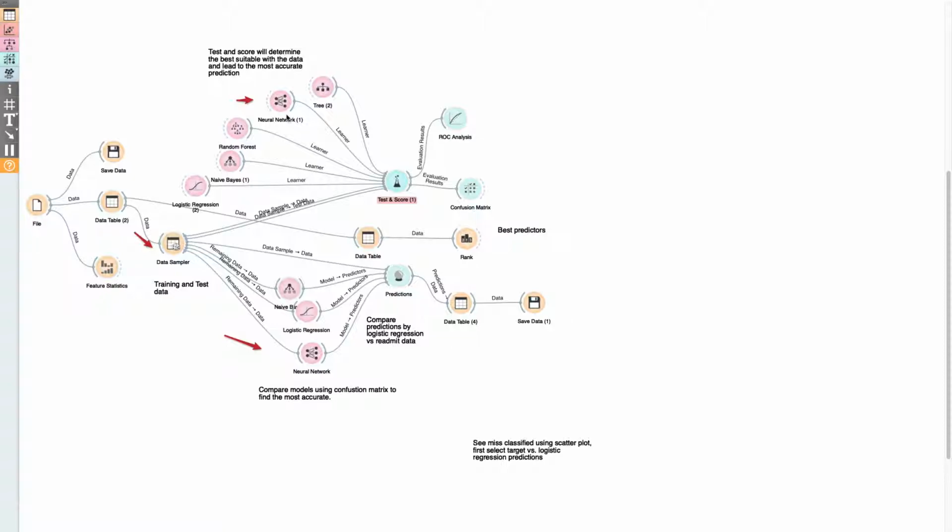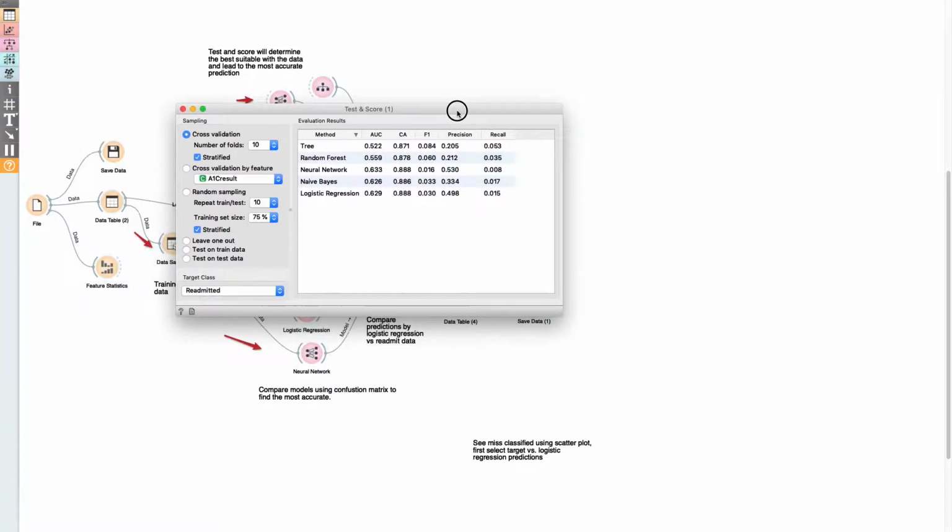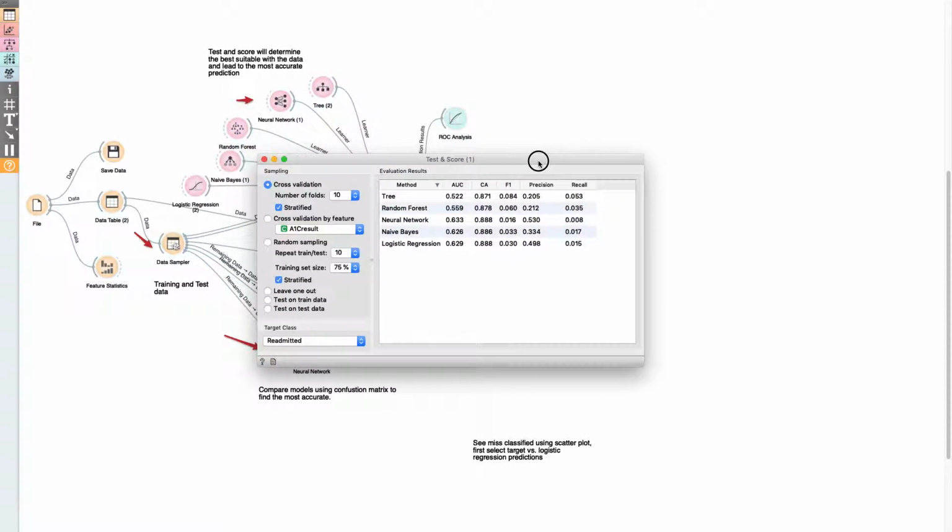So I used these 5: the tree, neural networks, random forest, the Bayes, and the regression. Then I did some testing to see the most accurate ones. And as you can see here, the neural network, the logistic regression, and the Bayes were the top 3.